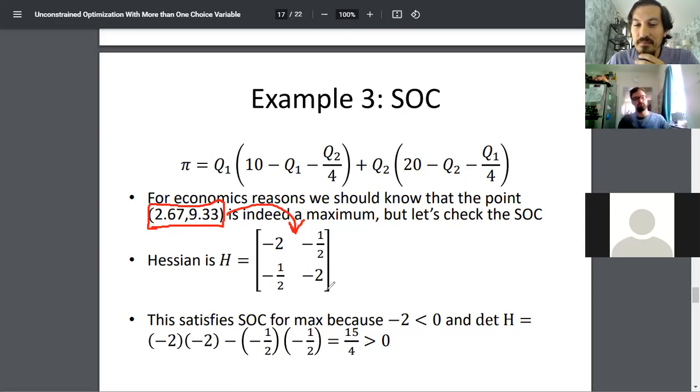If it's a max, fxx has to be less than 0. It's not really fxx in this case, but I know what you mean. It's pi q1, because in this example the objective function is pi, and the first choice variable is q1. It would never be pi q2. It's always the fxx.